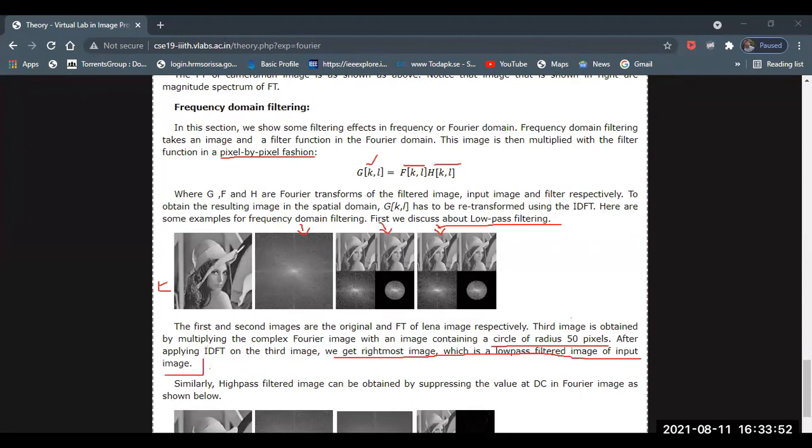So what we have done: this is the original DFT, and I have multiplied a circle of radius 50 pixels image with it. Once I convert this with the IDFT, I get my image in this manner, so this is my low pass filtered image.